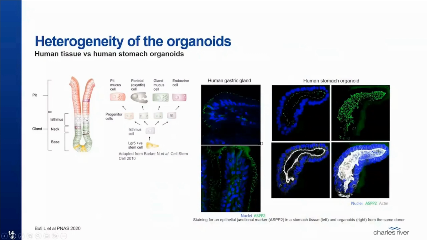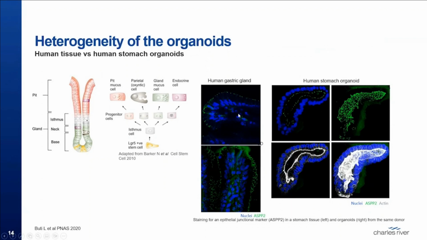When it comes to validation, here is an example. This is work that we published a few years back when we were looking at the activity of a tumor suppressor, ASPP2, that is important to regulate the activity of P53 as well as to maintain the cell polarity in the epithelial cells.